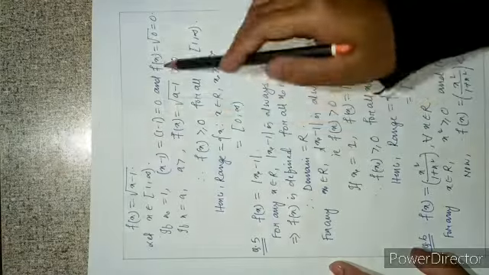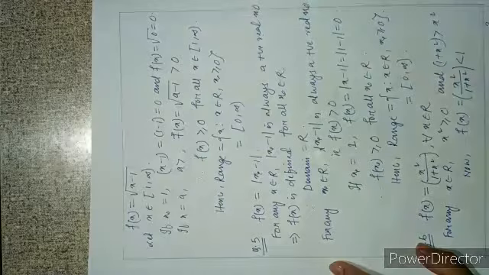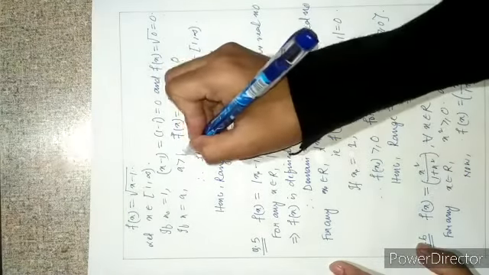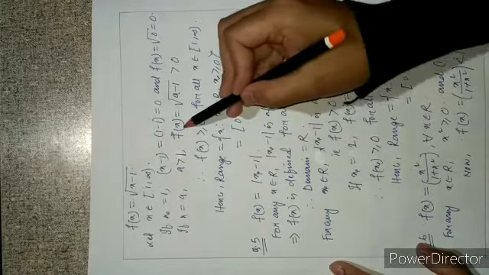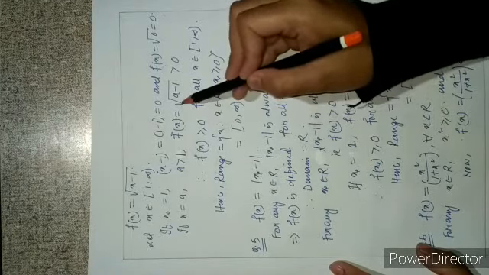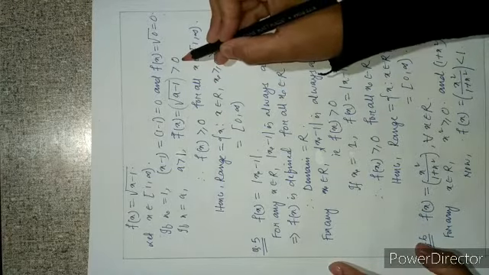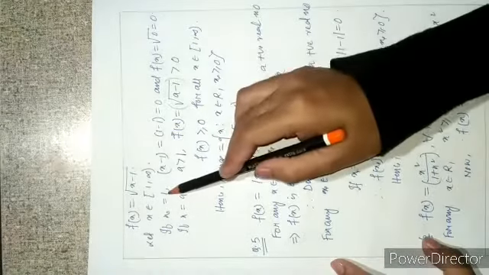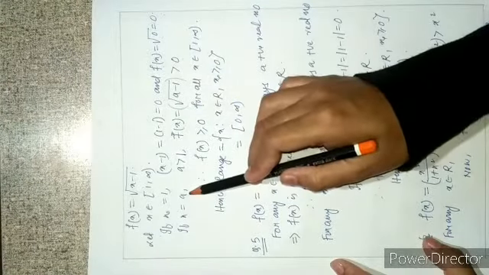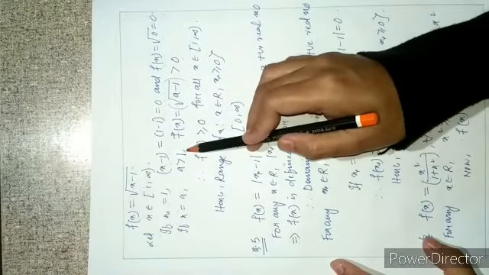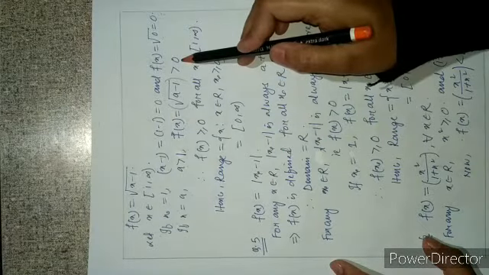If x is equal to any real number a, and this a is greater than 1, then f of a is root over a minus 1, which is greater than 0.